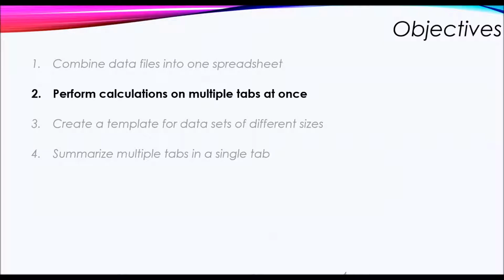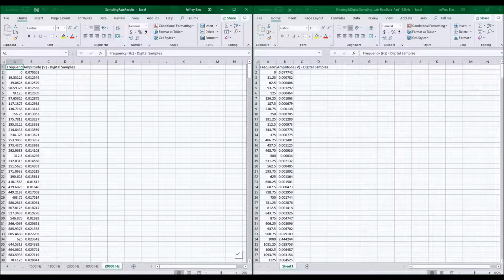Now we want to do some calculations on the information that we've received. So a quick navigational tactic that we can use is if you just press Control and then page up and down, you can shift left and right along the tabs here. So I'm just going to start off at the 150 Hertz signal. So there are a few things that we're going to want to gather here.